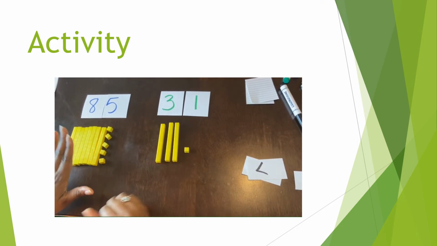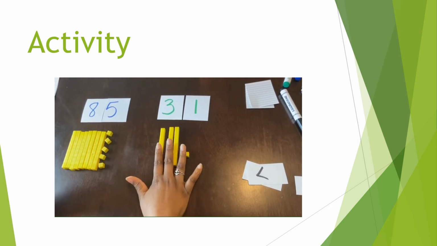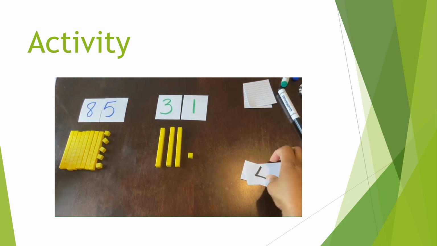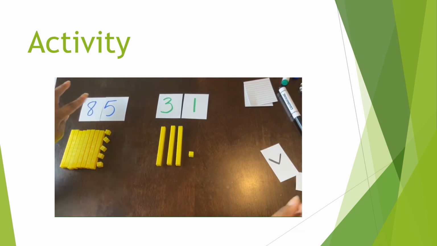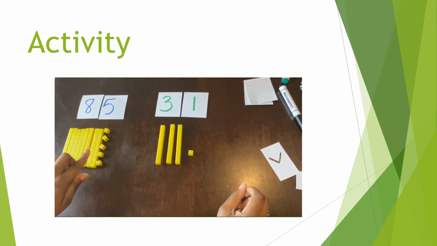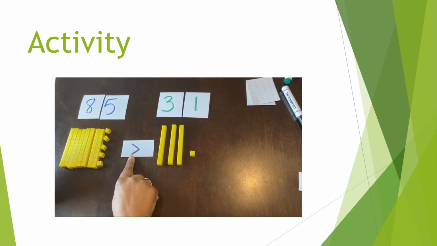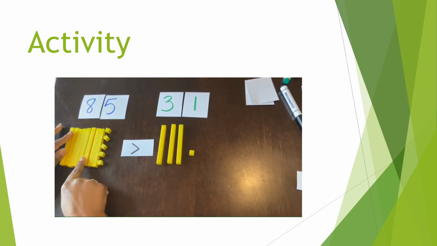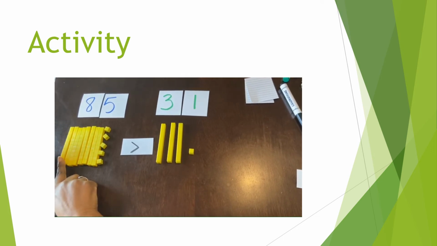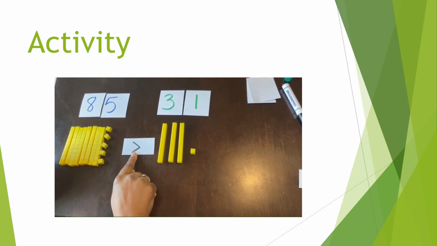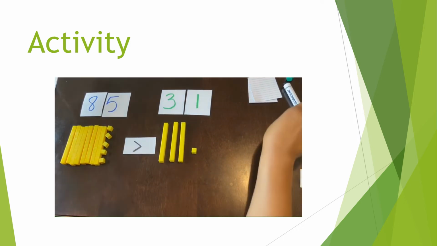When we look at the numbers, we have 85 and 31. Which number is more? Correct. It should be 85 is the larger number. So then we will use this symbol where the alligator mouth is open to the largest number. This sentence stem would read 85 is greater than 31.